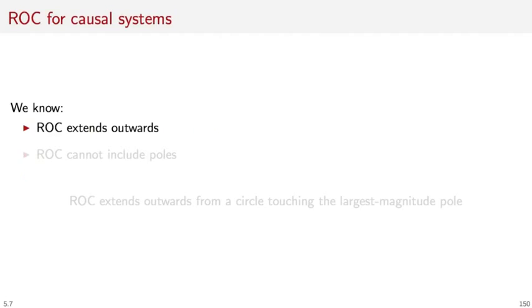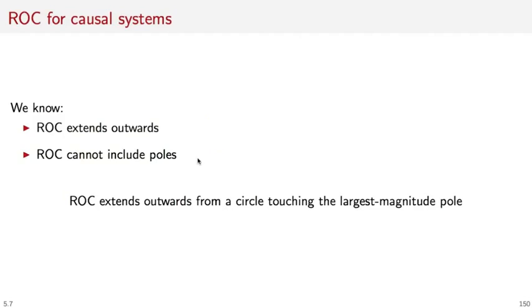So, to sum up the situation about the region of convergence of a rational transfer function, we know that the region of convergence extends outwards for a causal system, and we know that the region of convergence cannot include any pole. So if we put this together, we can say that the region of convergence extends outwards from a circle that touches the pole with the largest magnitude.